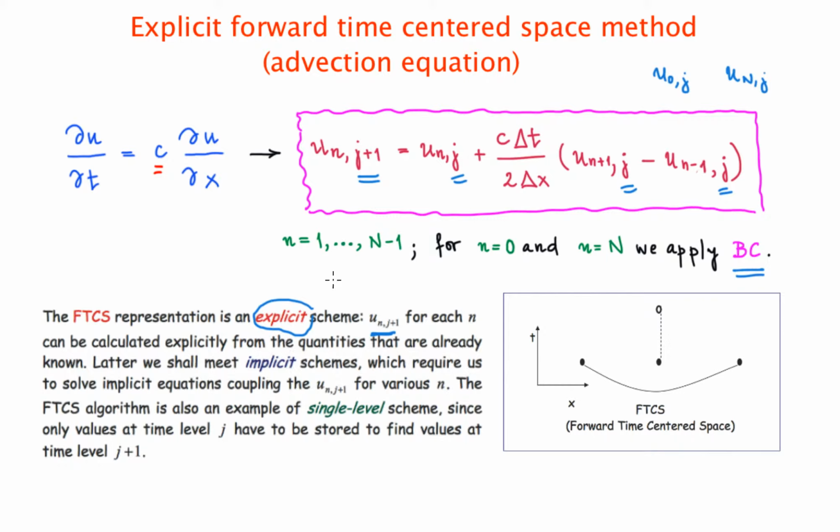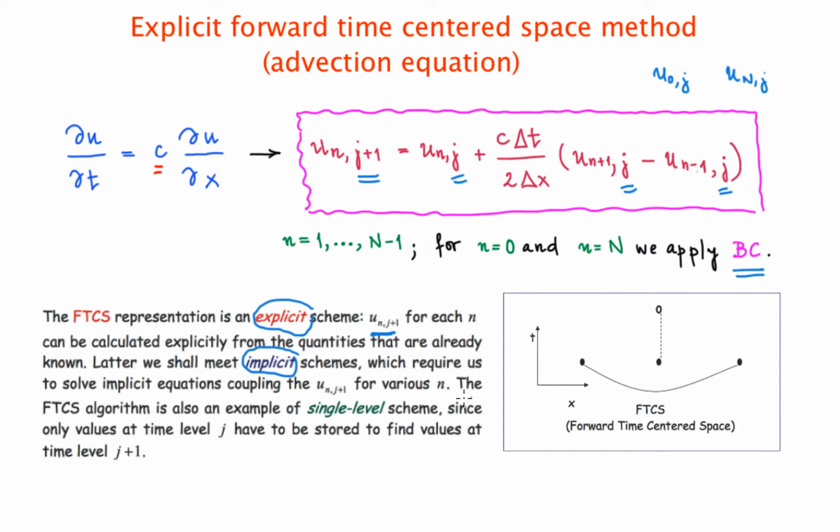Later we'll see other schemes, which we'll call implicit schemes, that will require us to solve implicit equations in order to get the u functions at the next step, but we'll see it later.